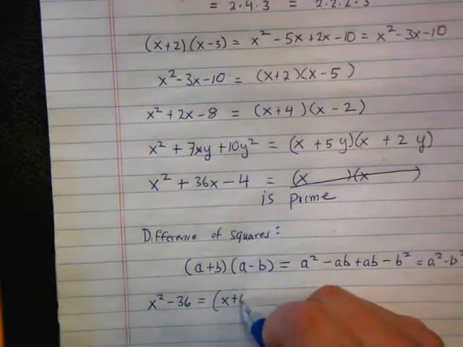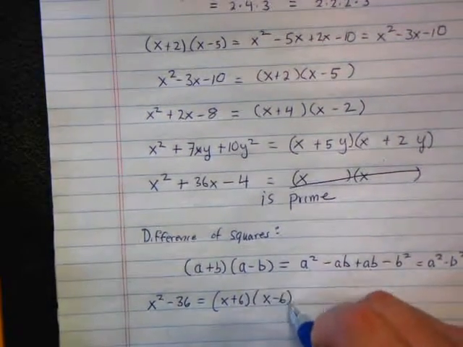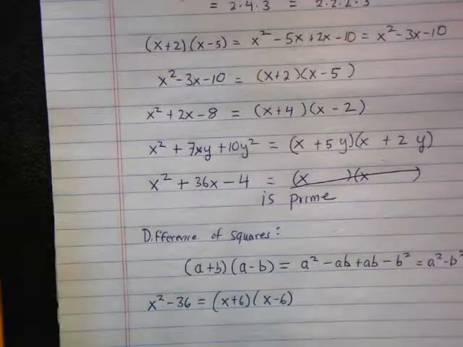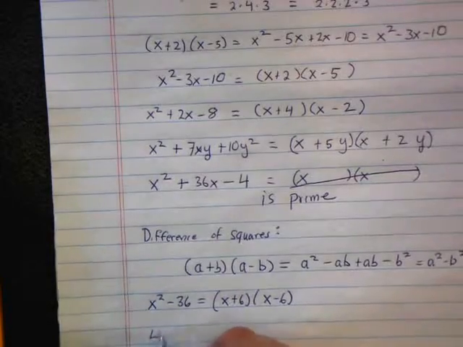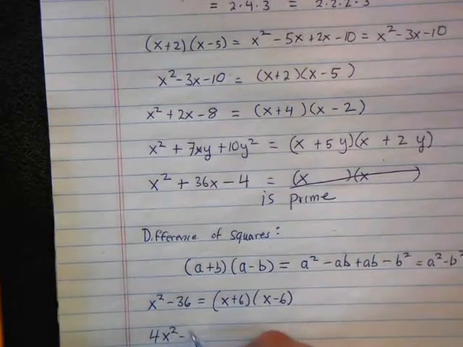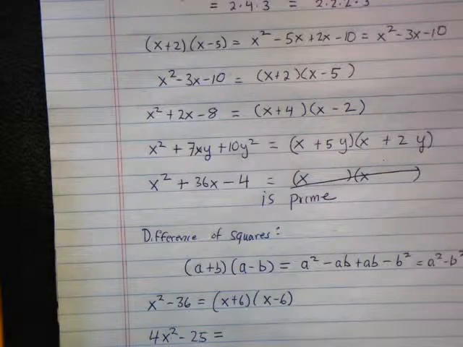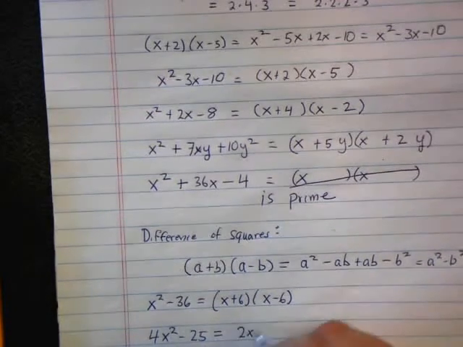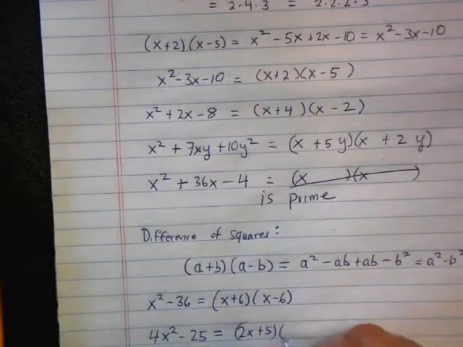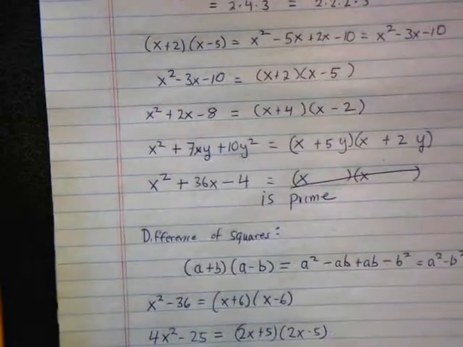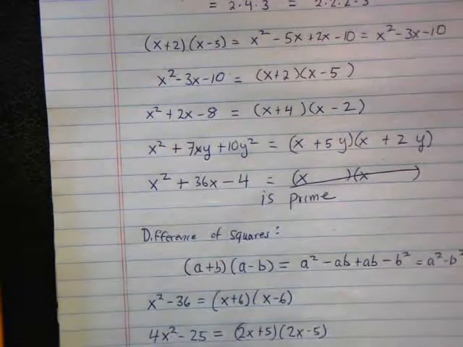X plus 6 and x minus 6. How about if I gave you 4x squared minus 25? Two x plus 5. Excellent. 2x minus 5. 4 happens to be a square also, doesn't it? 4 is 2 squared.